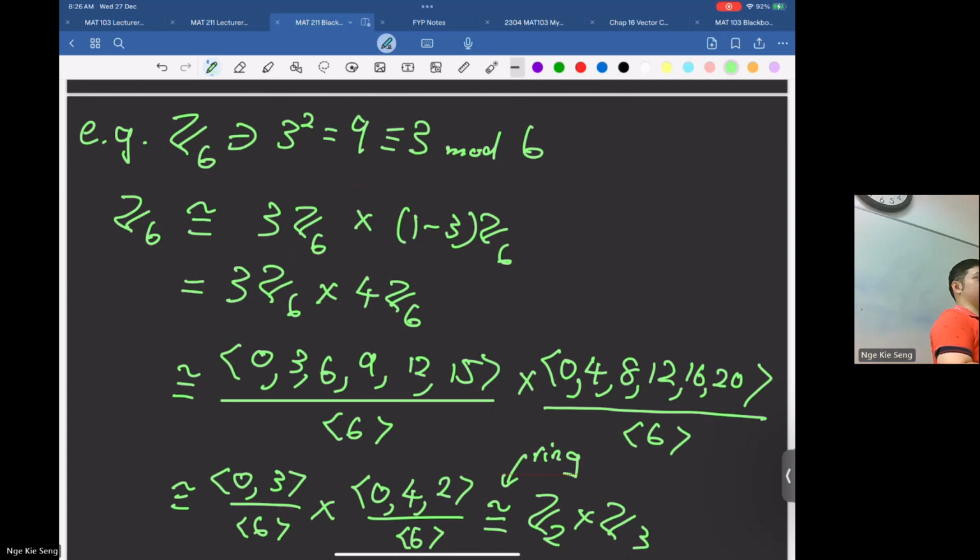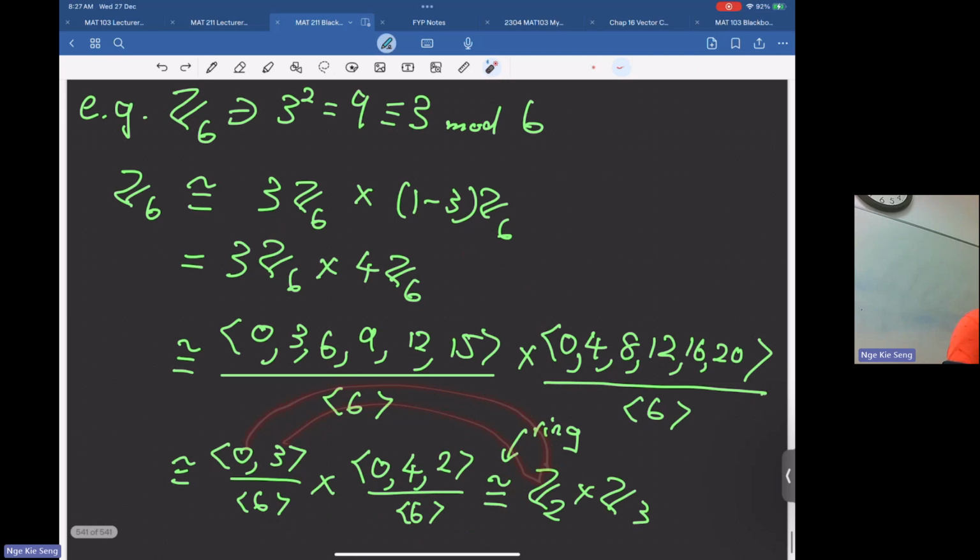Any other question? Okay, about this part. Why is it equal to mod 2 times mod 3? To be precise, you need to create the isomorphism here. For example, 0 you send to 0 in Z2, 3 you send to 1 in Z2.